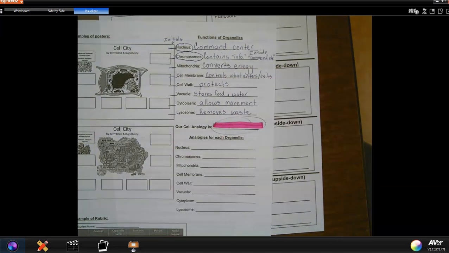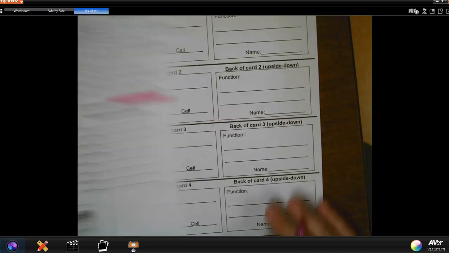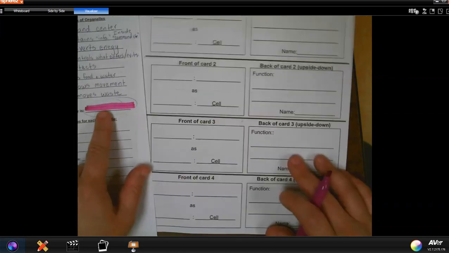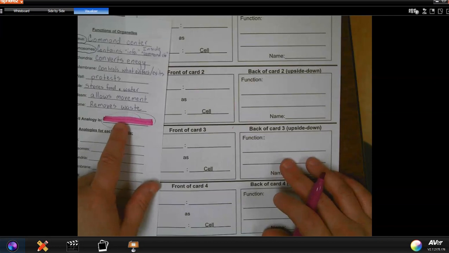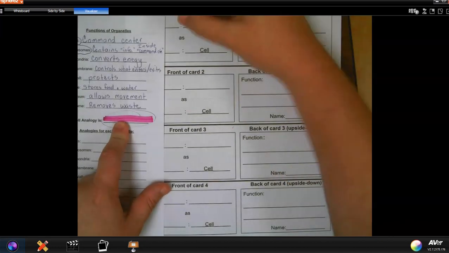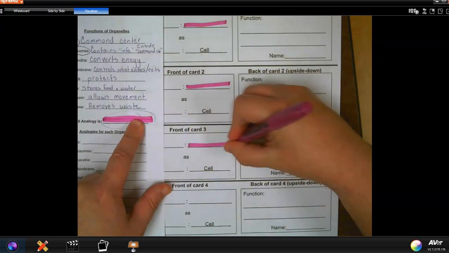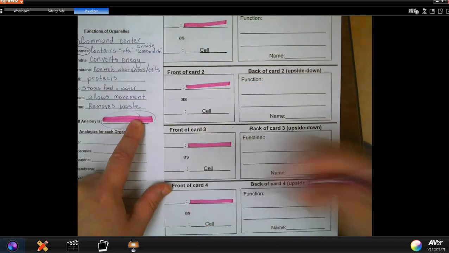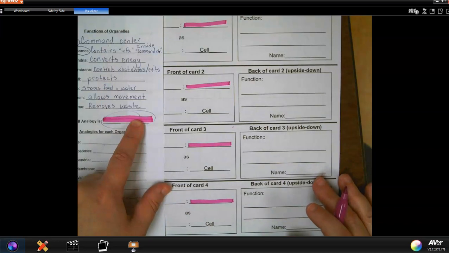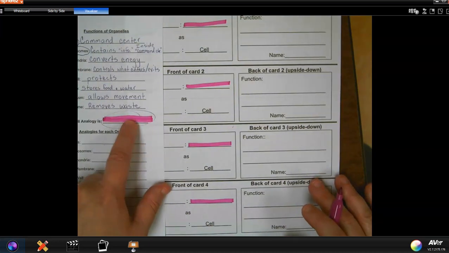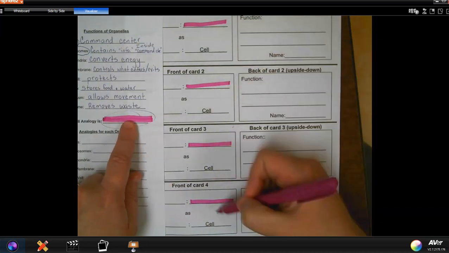For example, I wouldn't put cell school, I would just put school. So whatever you wrote here, I need you to write on all 4 of your index cards right here. Pause it if you need to. But whatever's here, you're writing here, here, here, and here.